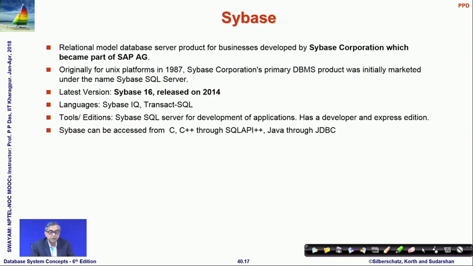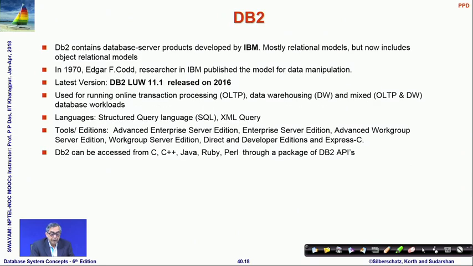Sybase also started in 1987. So, that is almost 30 years, but it is less vibrant right now. The last stable release happened in 2014, more than 3.5, 4 years ago. But Sybase has been a very good database system for programming through APIs, and it has really good support for that.